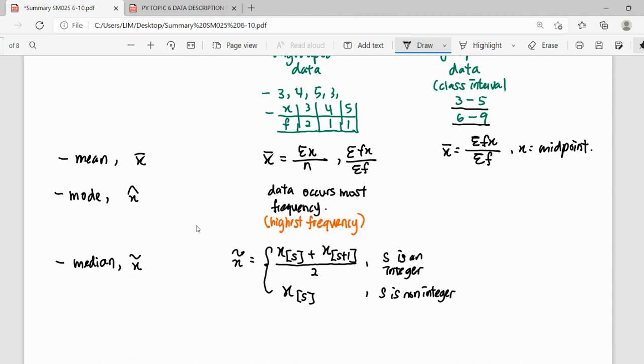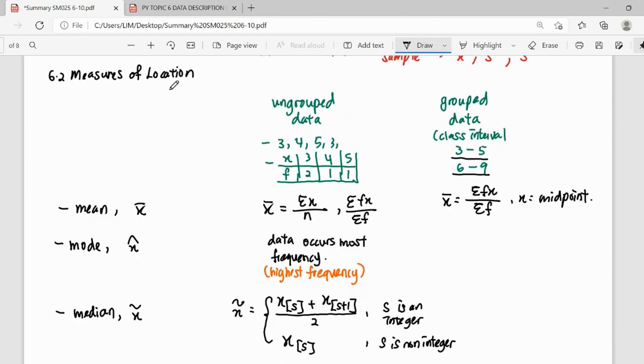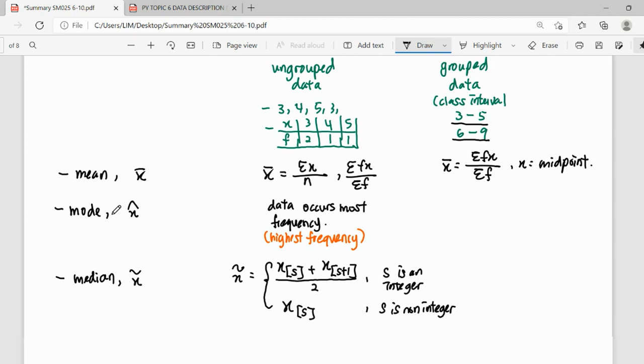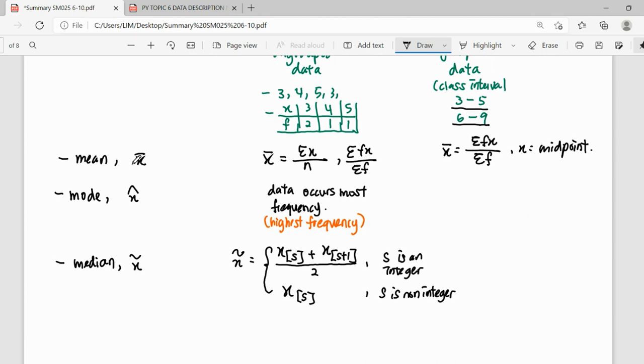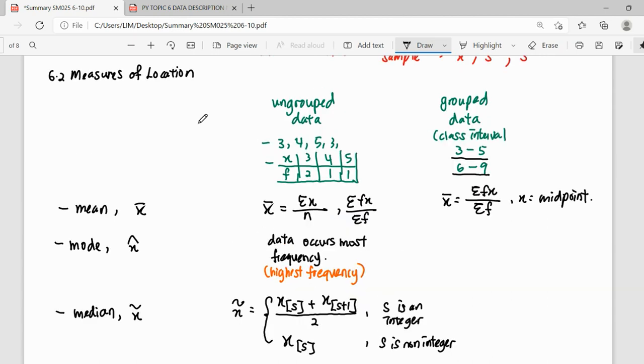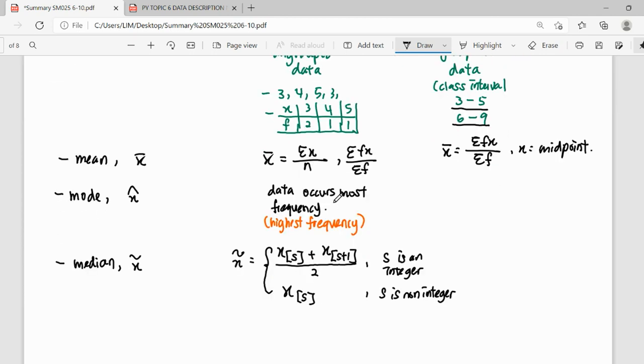So what is your S here? Your S is your location, because what we are calculating now is measurement of location. Mean is our average answer, the overall average, the central average result. For mode, your data analysis is at the highest frequency, so you are still affected by the location. The location plays a role, because at the place of highest frequency, that is our data.